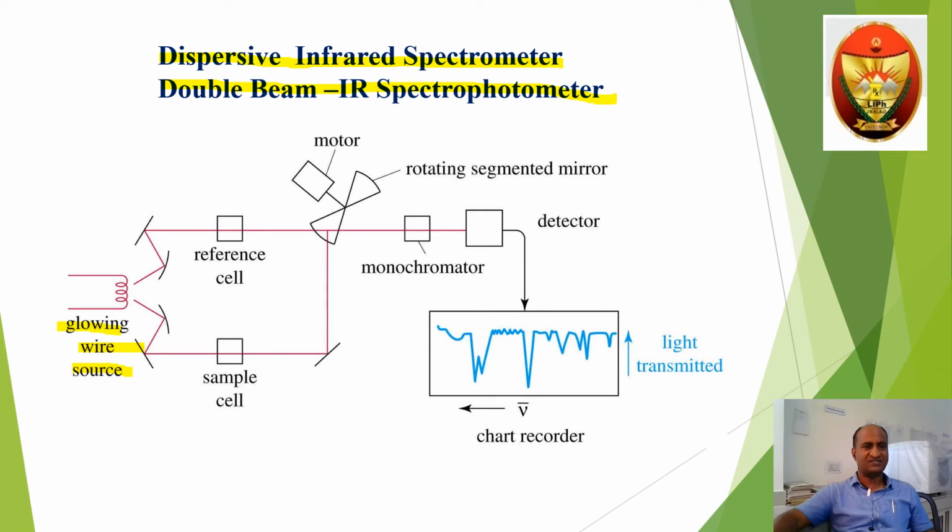Then this radiation will pass into the monochromator, and the light will be deflected into two directions.